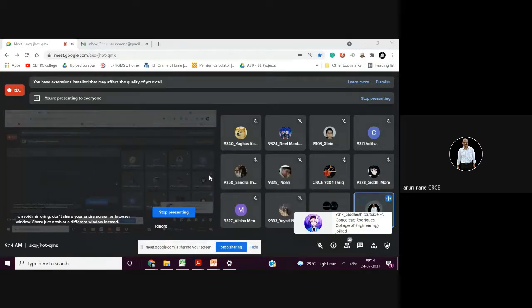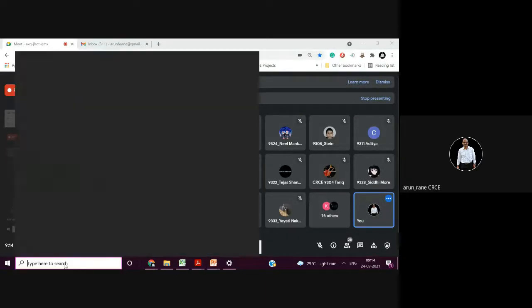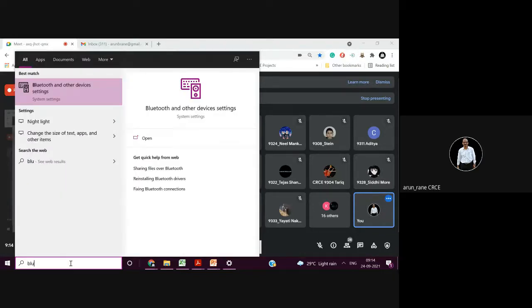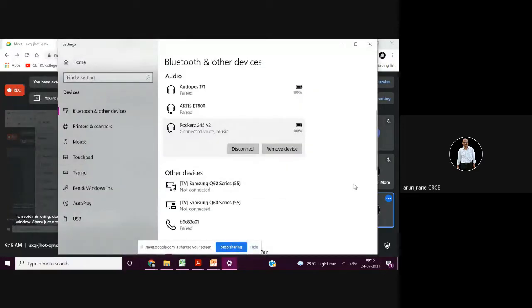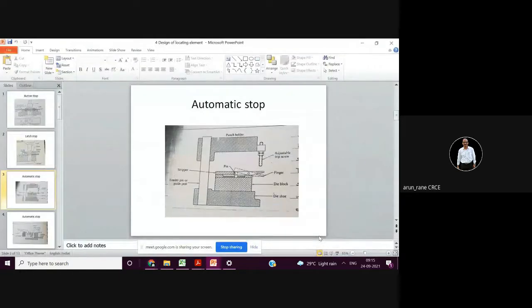So after how many strokes in the beginning will I get the first complete component? Am I going to get a complete first component in the first stroke? No, sir. So after how many strokes will I get a complete component if there are four stations?